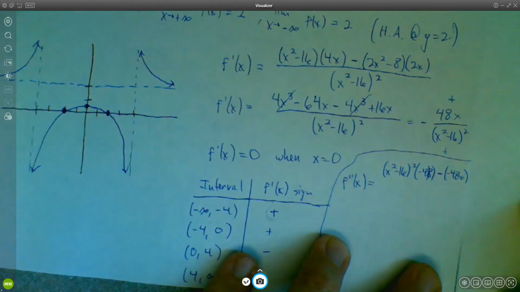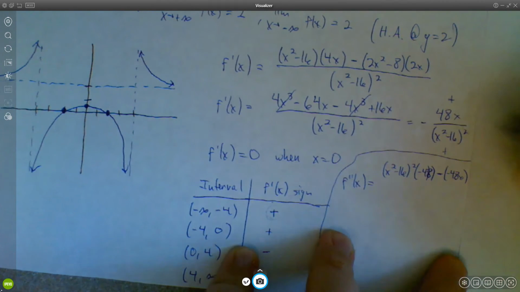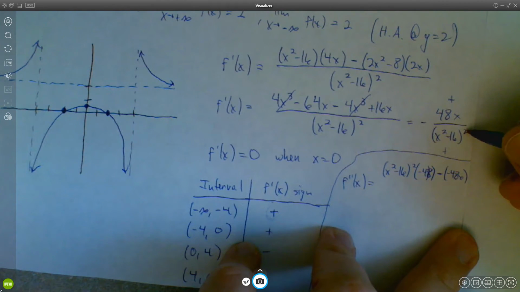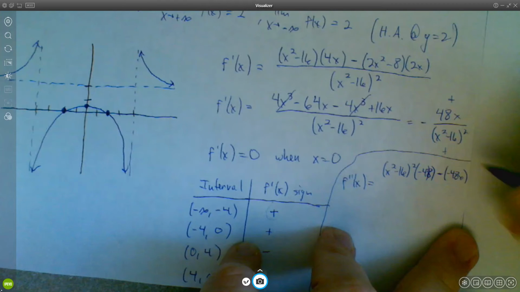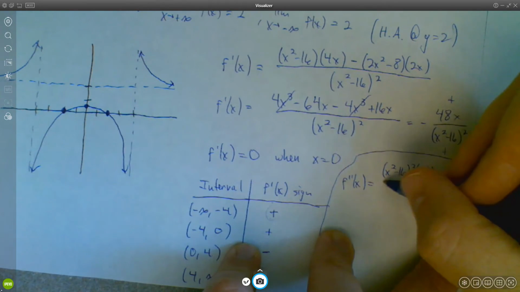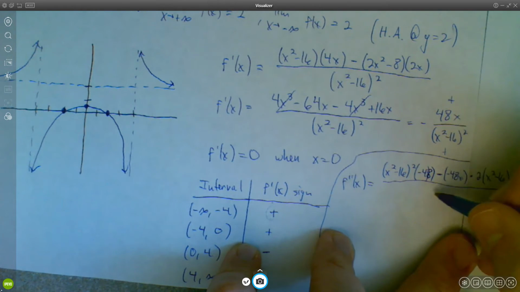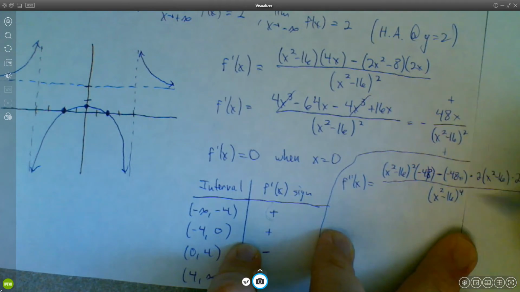Just put another page next to it so that I have room to write the derivative of the bottom. So we're going to have to apply chain rule here. So it's going to be times 2 times x squared minus 16 to the first power times the derivative of the inner function, which is 2x. So times 2x. All of that over low squared again, so I'm going to have x squared minus 16 to the fourth power, I believe.